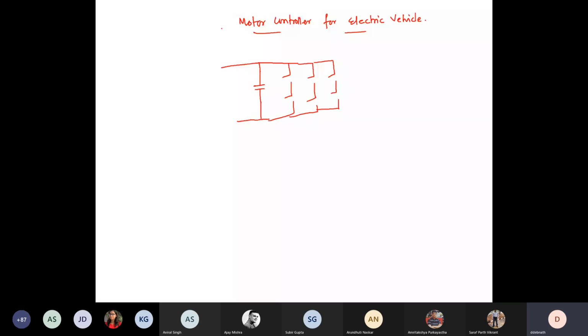We are looking from a generic perspective, and this is your motor. So the motor will have 3 phases. So one I'll connect here, one I'll take it here, then another I'll take to this point. So these are A, B, C. Here also A, B, C, right? This is how we'll be connecting it. And a battery will be connected here.